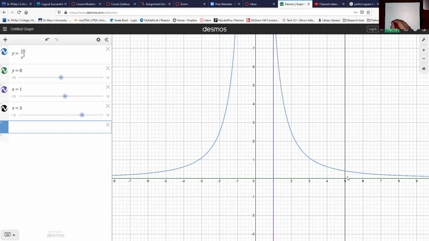So here's 1, here's 5, x, y, and I have x equals 1, so I have this line there, this line here. Well, I'm not going underneath, so who cares about that? So it looks like I'm doing this whole thing.